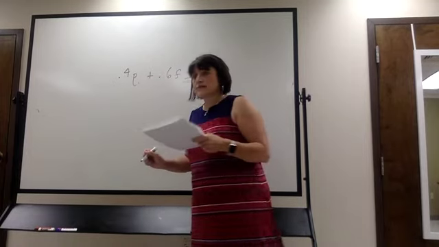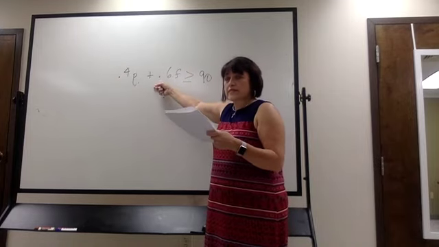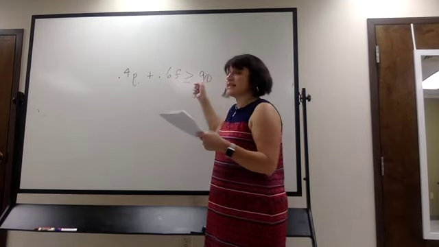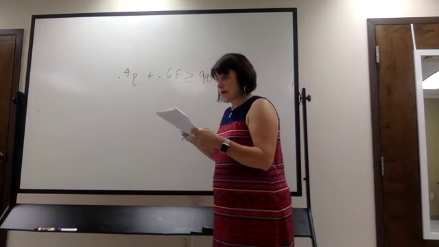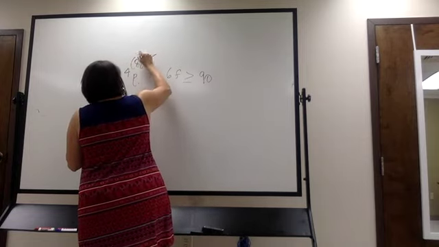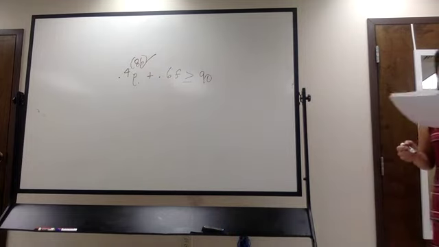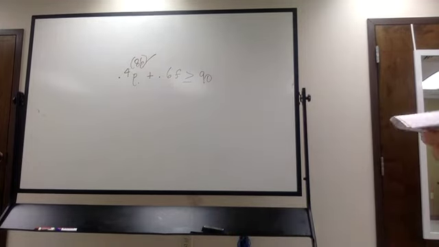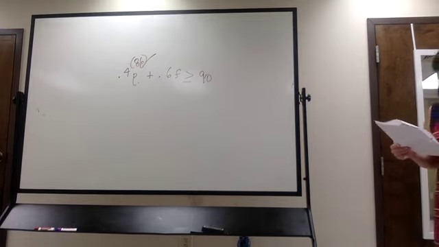When they say at least 90, the smallest this can be is 90, but it can be a bit more, so we use greater than or equal. Now you pop in 86 here and solve that inequality for the final grade. Her final exam score has to be 92.7 at the very least in order for her to get a 90, and the book rounds that, saying the score needs to be a 93 or above.